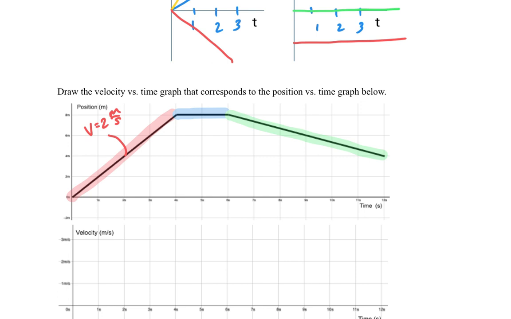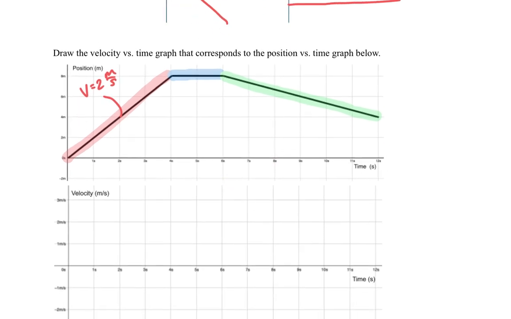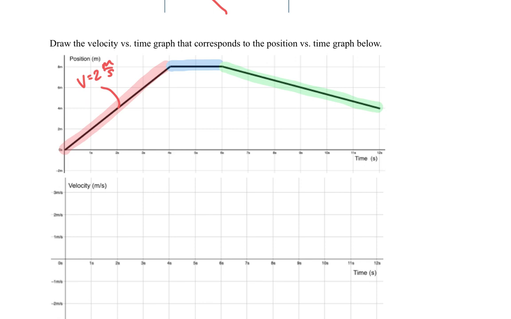And it doesn't change for the first, let's see, 1, 2, 3, 4 seconds. It's always 2 meters per second. So on the velocity graph, I want to move this up a little bit. On the velocity graph, I can draw that by drawing the horizontal line for the first 4 seconds at 2 meters per second right here.